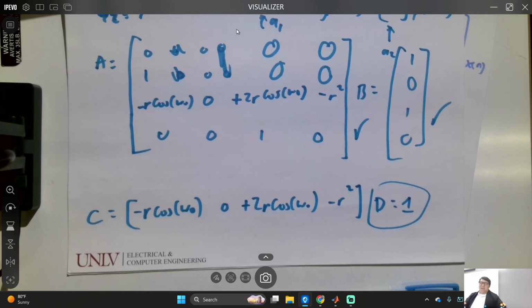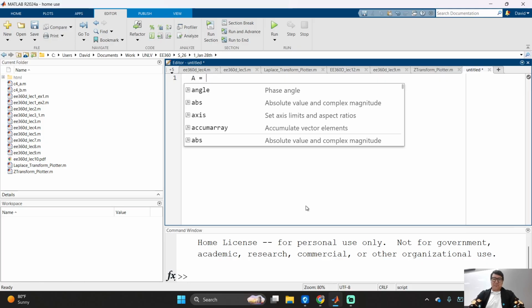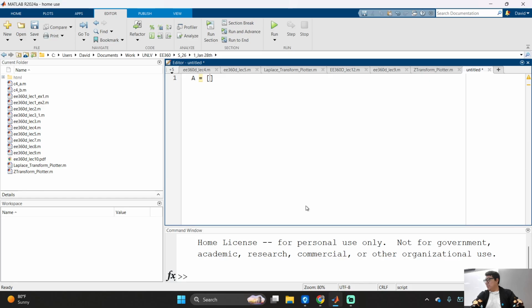Are you ready to run this in MATLAB? A is equal to, you're going to do this for me. 0, 0, 0, 0. Wait, hold up. Try this trick for me. Does that work? Hope this works.